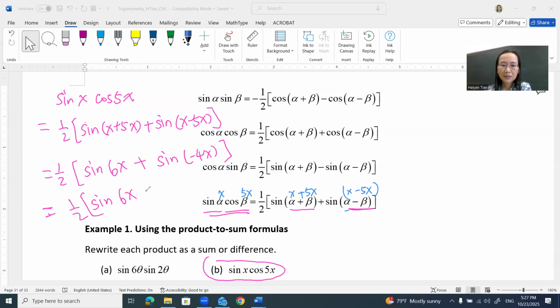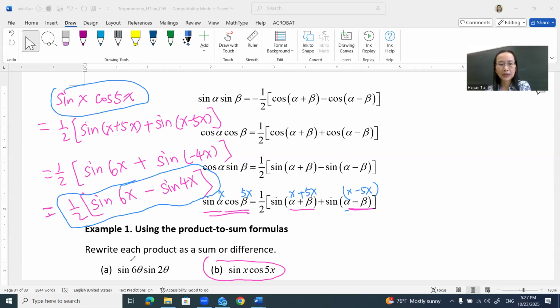So sine of a negative is negative of sine 4x. So this is the final version to write this product.